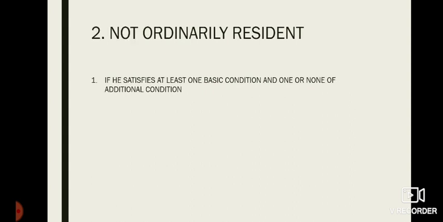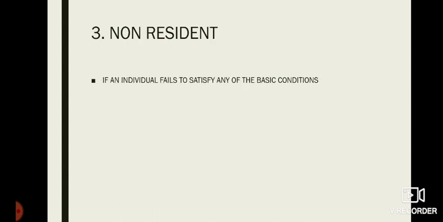How is he not ordinarily resident? One basic condition plus one or none of the additional conditions. Only if he fulfills basic condition 1, then also he is called not ordinarily resident. Non-resident, if a person fails to fulfill the basic condition itself, then he is called a non-resident of India.